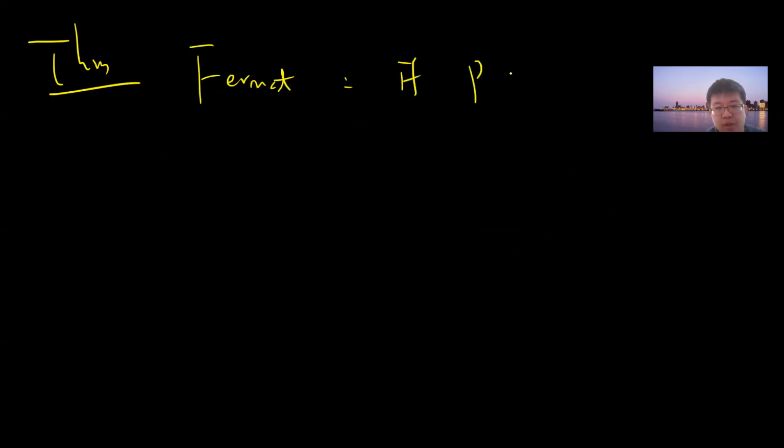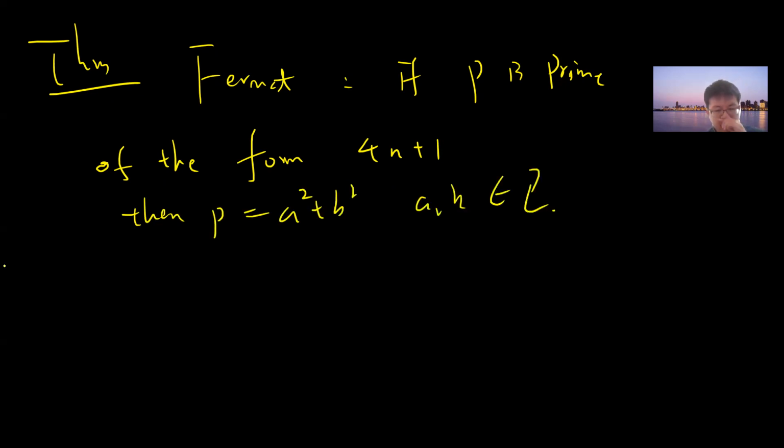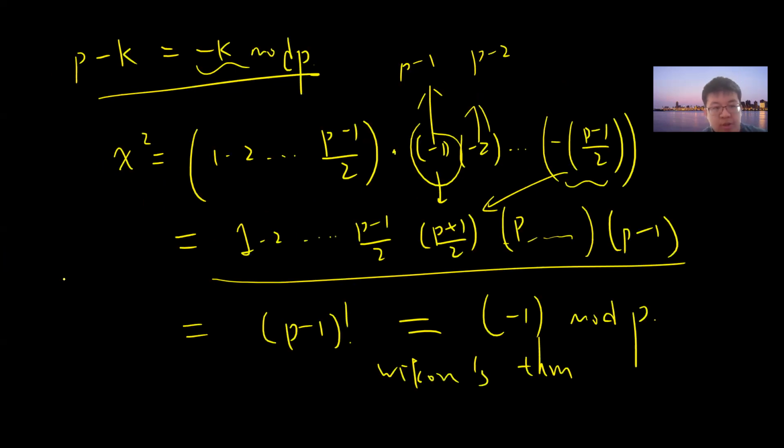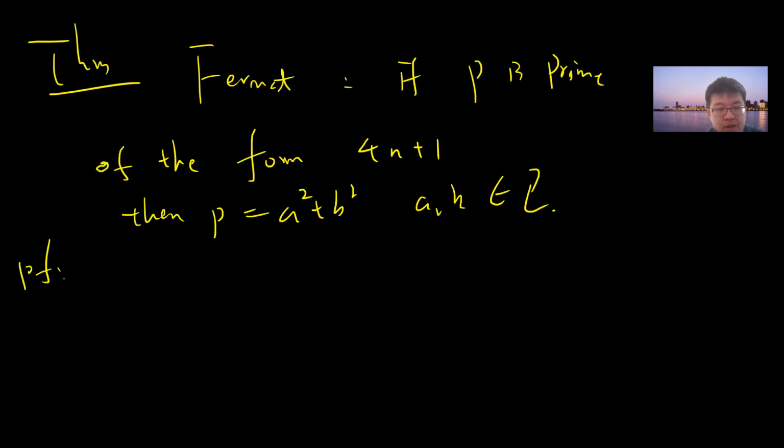Okay, so the final theorem. If P is a prime of the form 4n plus 1, then P equals a squared plus b squared, where a and b are integers. So now we just combine these two lemmas, right?